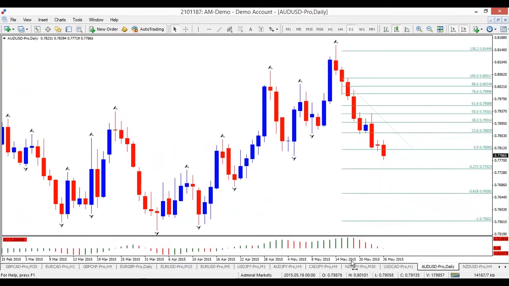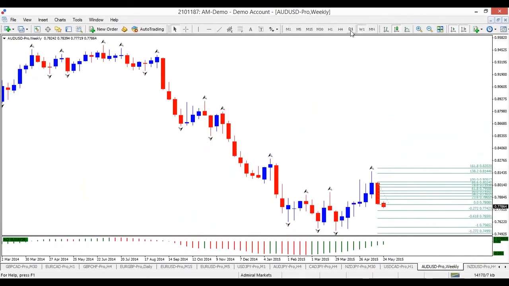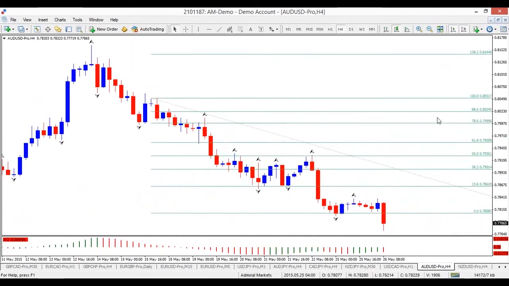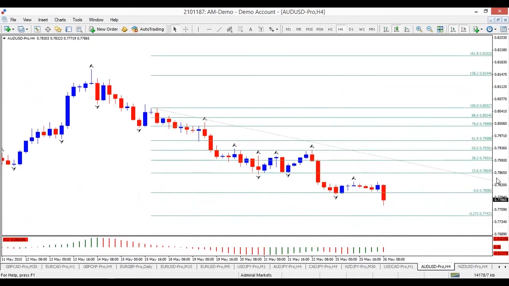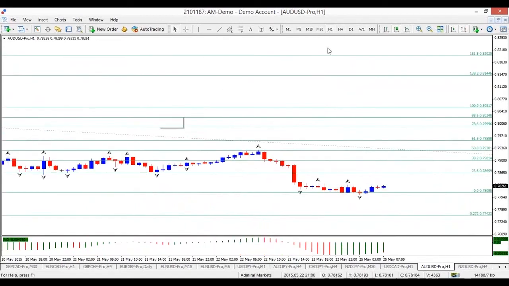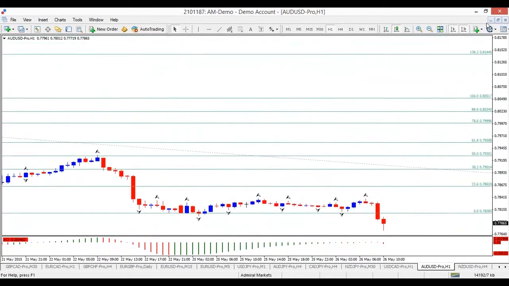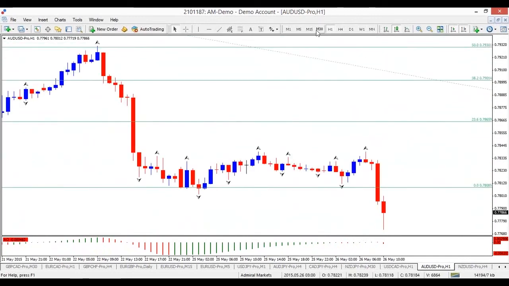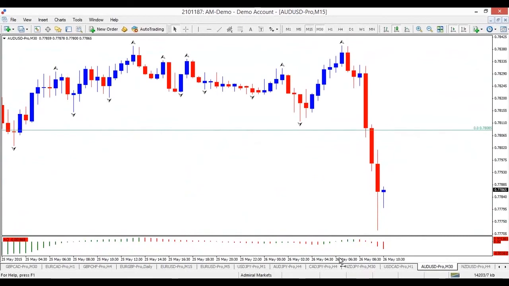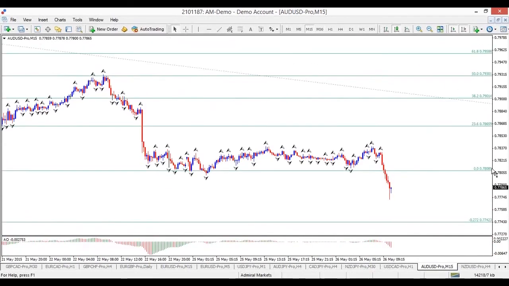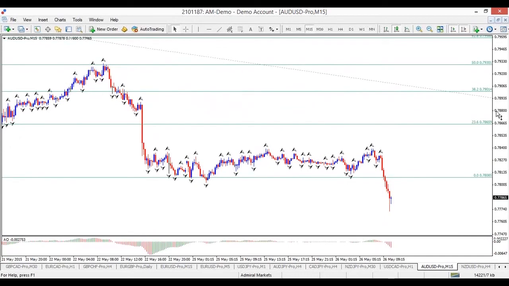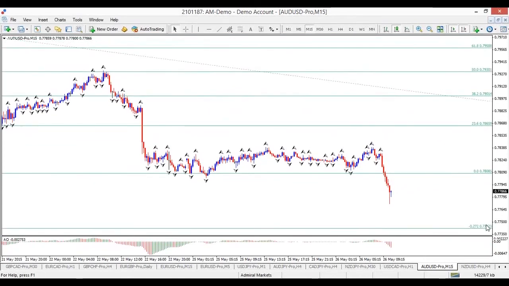Still a bit of space left. So AUD USD also looks bearish indeed if it hooks back to maybe 78 for downside down to 77.50.